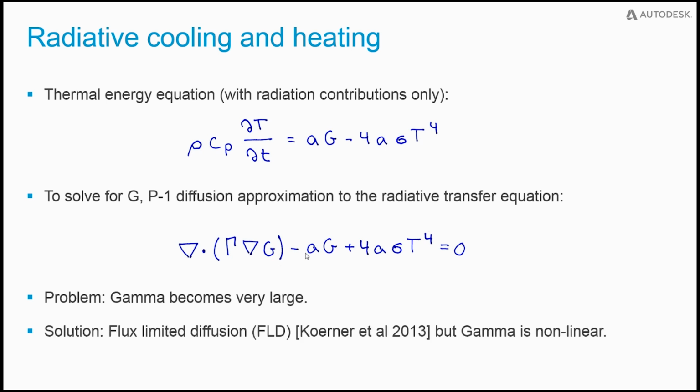So there was a paper published in Graphics in 2013. Actually, this is a rendering paper, but we can take advantage of it for simulation as well. It uses something called flux-limited diffusion, where you modify this gamma here based on A, such that this equation becomes numerically well behaved. The problem, though, is that gamma depends nonlinearly on G, so this becomes a nonlinear partial differential equation. And to solve that, we use a nonlinear multigrid approach.